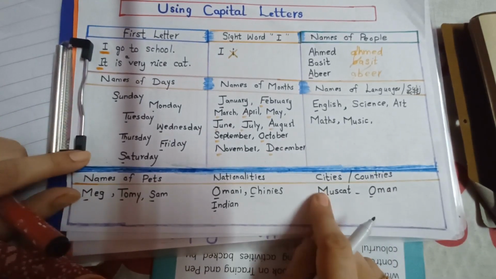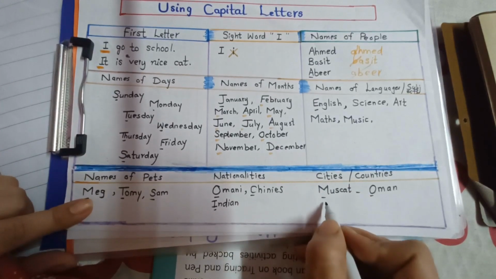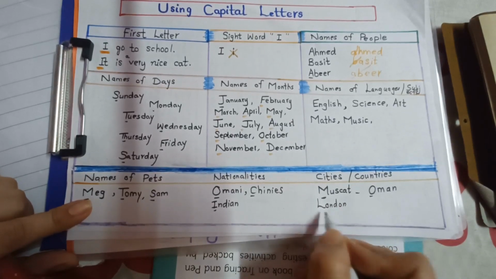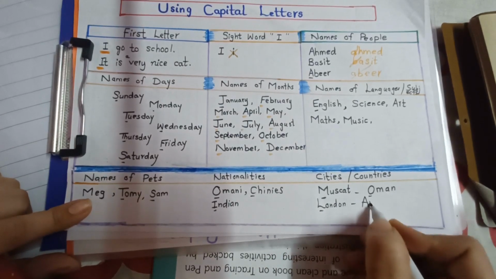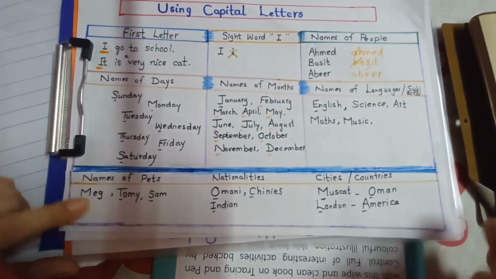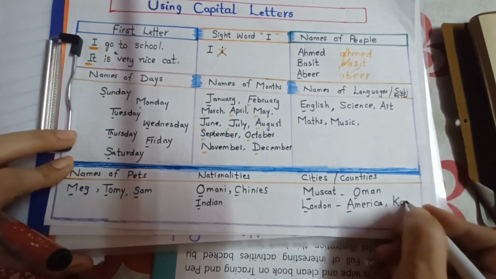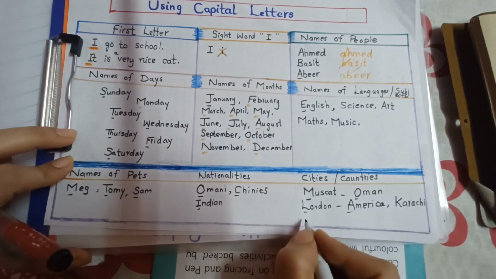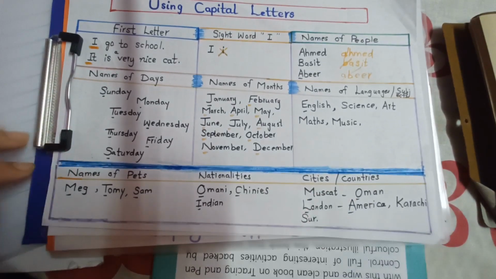You cannot write the name of a city and the name of a country with small letters. London, L should always be capital. America. Or you can write city names like Karachi, Sur, Los Angeles, and so on.